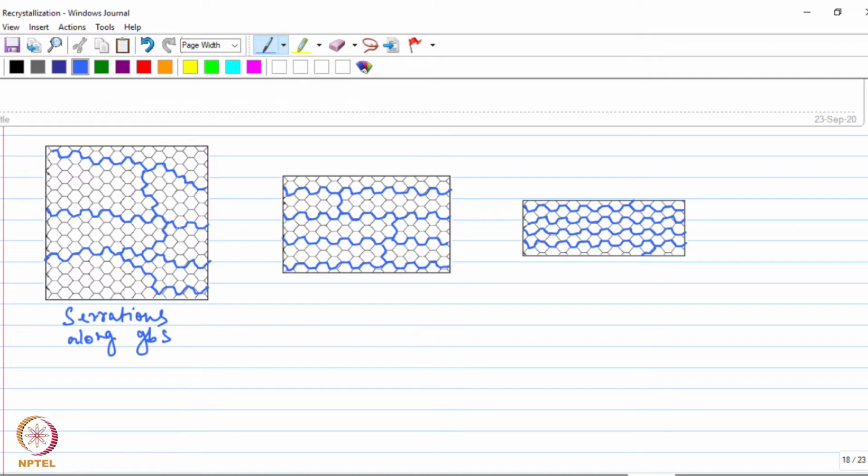The blue color that you see, right, those are the serrations. Right, so as the material is subjected to more deformation, the grains can thin down, as you could see from the second figure over here.